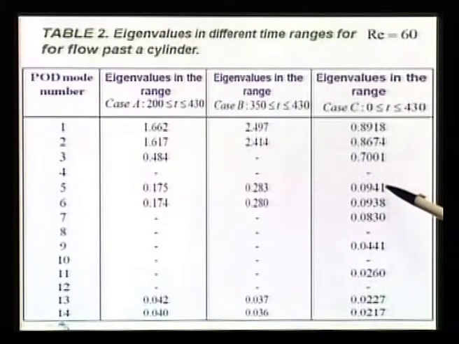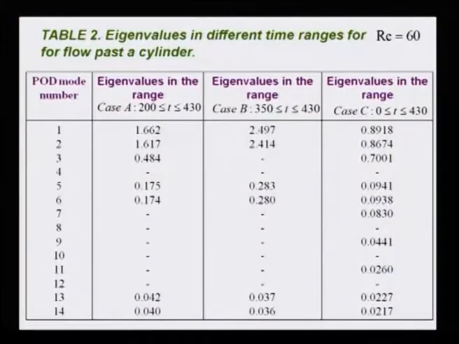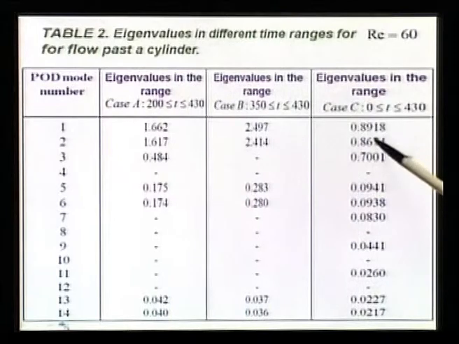Then of course, we have another pair followed by a single mode, another single mode here, and so on and so forth. And you also notice that when you have the pair formation, the eigenvalues have a similar magnitude. So, looking at this data set itself, you can make out which is forming a pair with what.